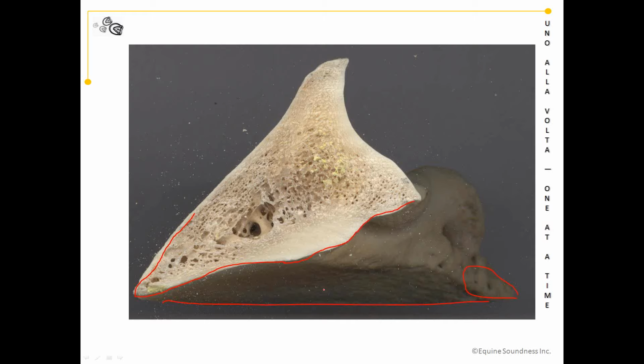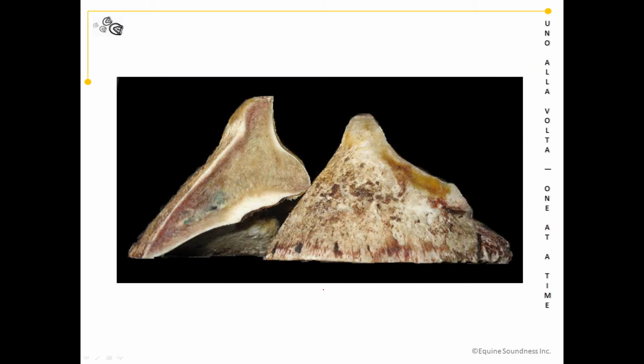And this becomes hopefully a little bit clearer when you see this picture from Overland from the Swedish hoof school, where he has cut a coffin bone apart and then tried to set it up so that you can see both sides. The underside of the coffin bone is vaulted.